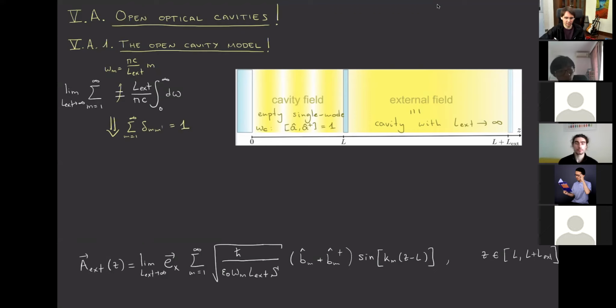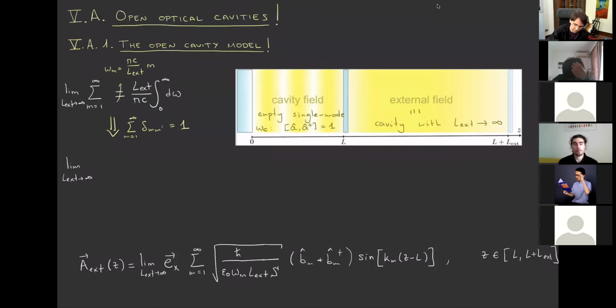This is the definition, or one of the definitions, of the Kronecker delta, okay? Then if I want this to still be true in the limit when L goes to infinity, I have to redefine the Kronecker delta in this limit in the following way.